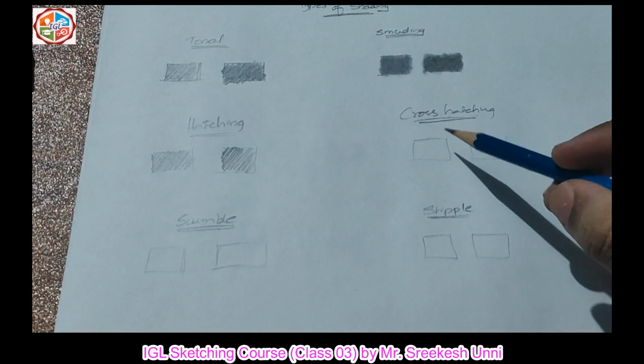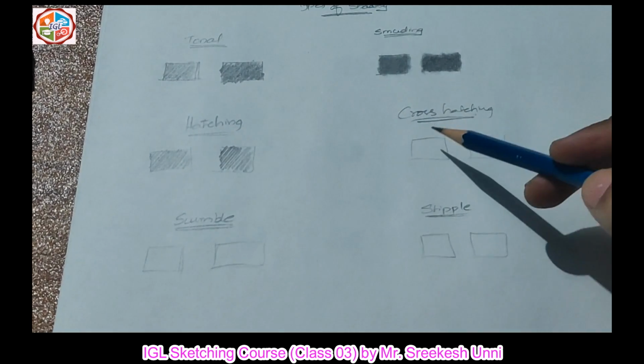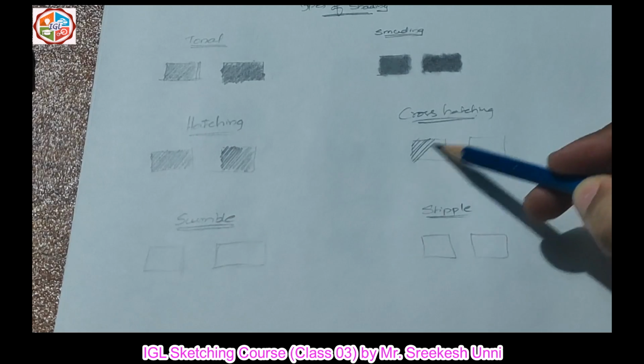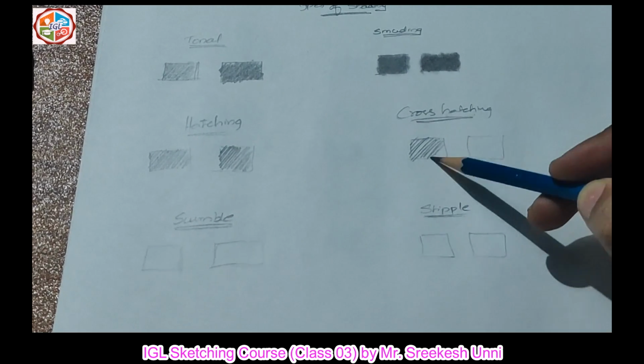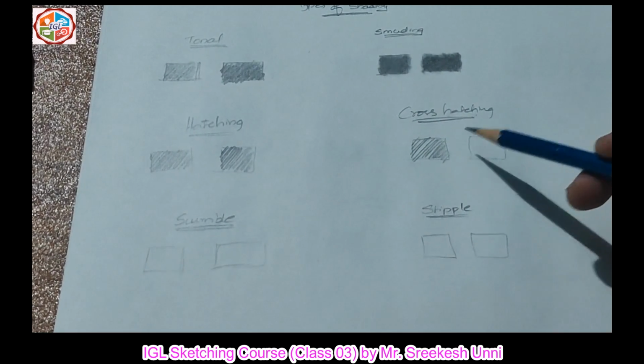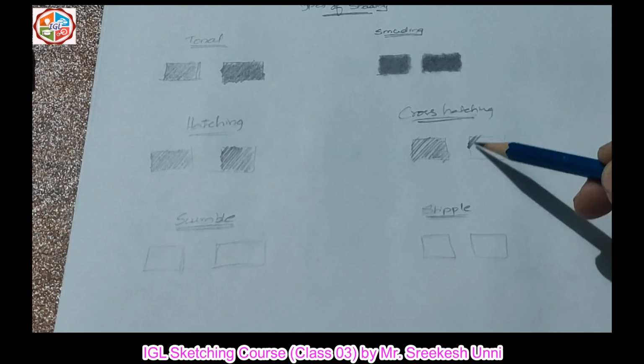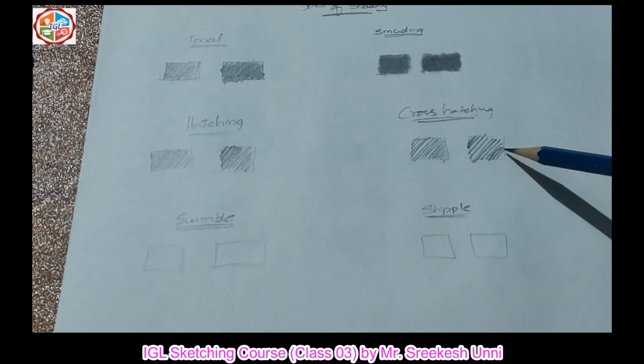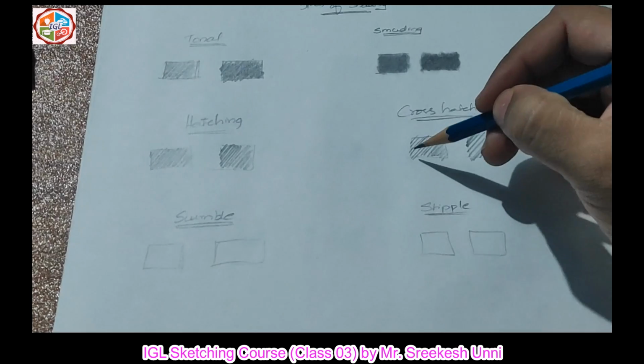And the next one is cross hatching. Similar to hatching, what you do here is do this, and after you do the hatching, you put some cross hatching lines.